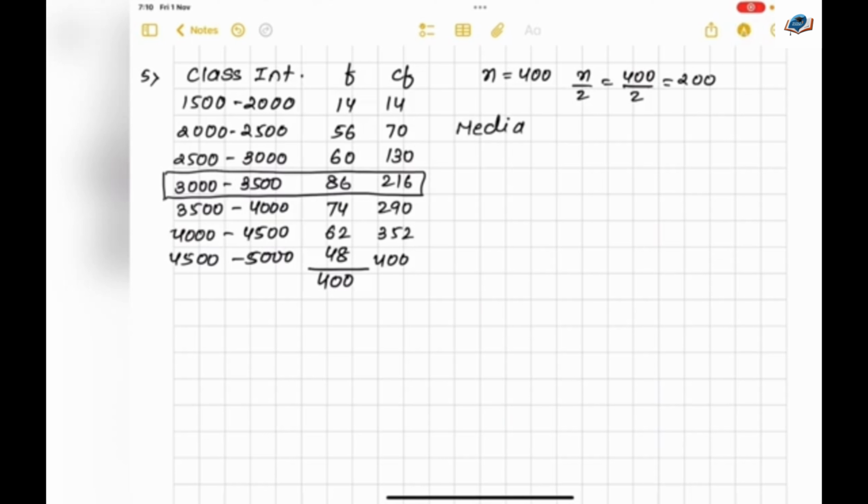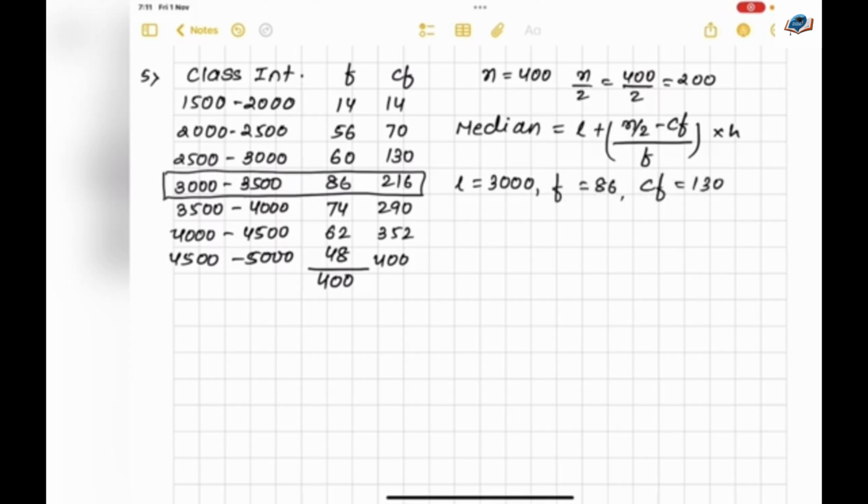So median equals L plus (N by 2 minus CF) upon F into H. Here L is 3000, F is 86, CF is 130.